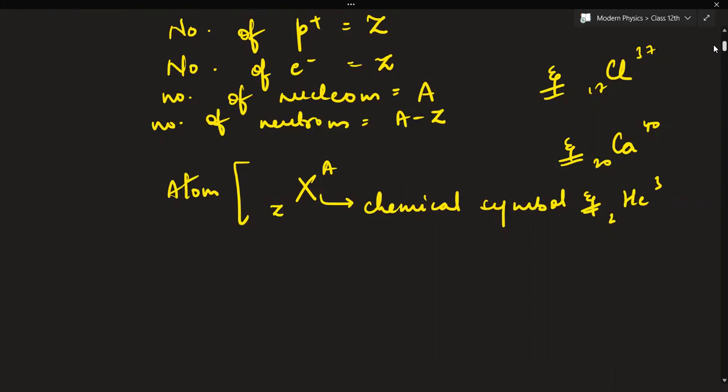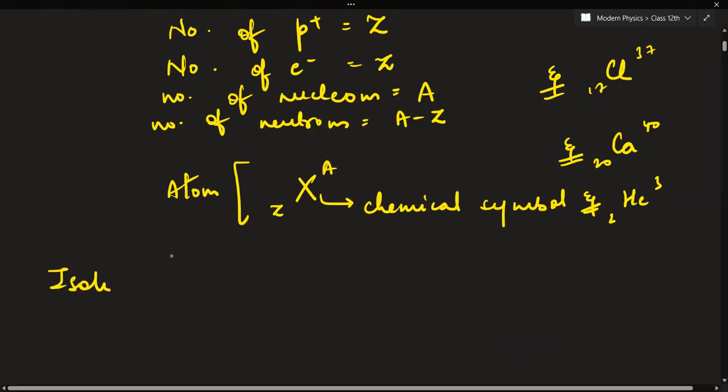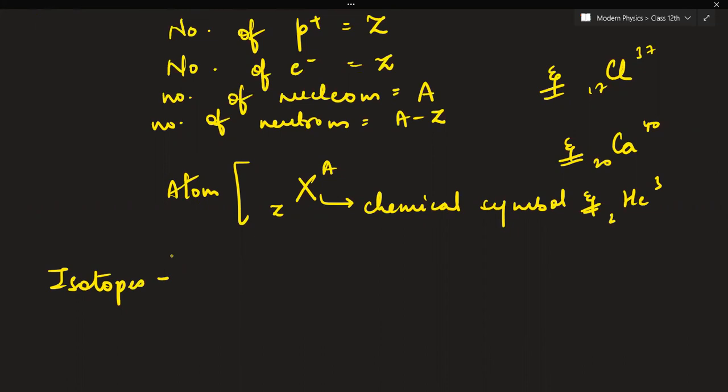See, all these things are written in the notes, so no need to write, just understand here. Isotopes are the elements that have the same atomic number but different mass number. Fine.